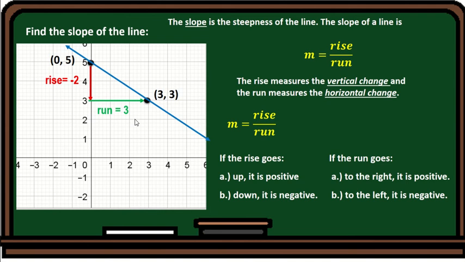So, we can have now our rise over run. Your rise is equal to negative 2, which is in the numerator, and your run is positive 3, which is in the denominator. So, the slope is negative 2 over 3.